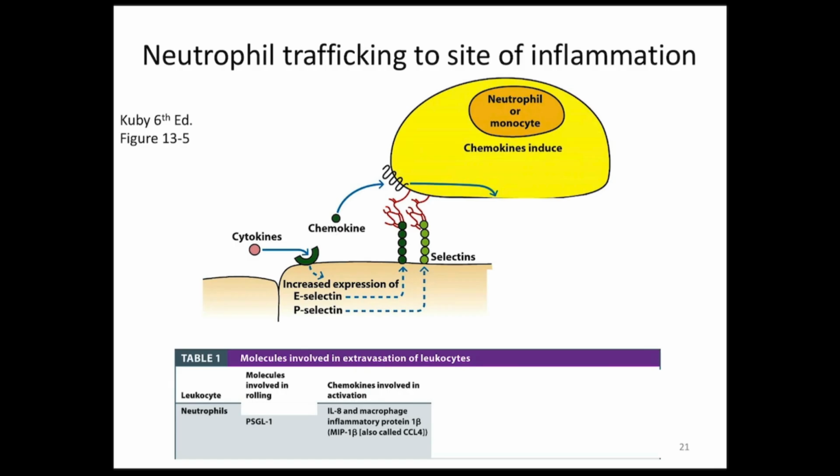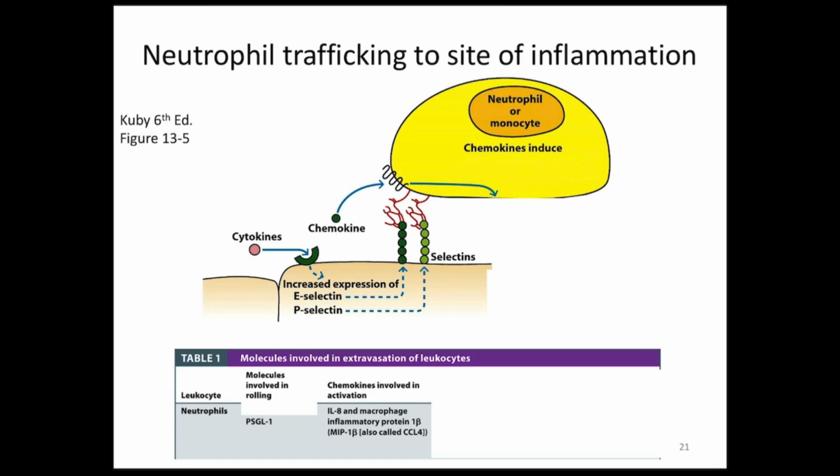But when that tissue starts to be inflamed, it starts to make IL-8 to call in the neutrophils. And in fact, if you go back to looking at some of the information about innate immune responses, you will see IL-8 show up as one of the cytokines that was being made.